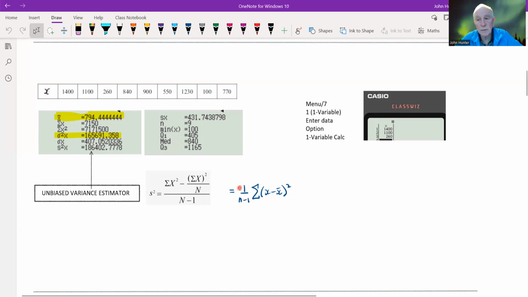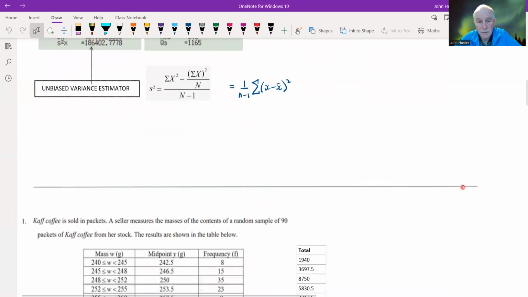So we just have to be clear when we're looking at data whether we're interested in the variance of that data, or whether we're using that data to estimate the parameters from which the data has come. So that's the point of that. The calculator does all this stuff for us, which is nice and easy for us.